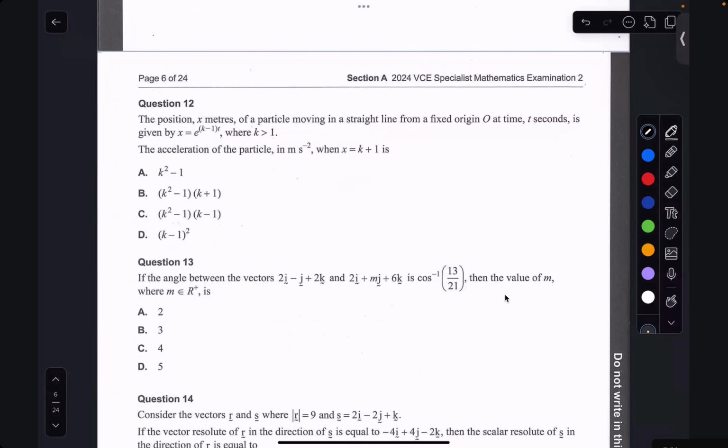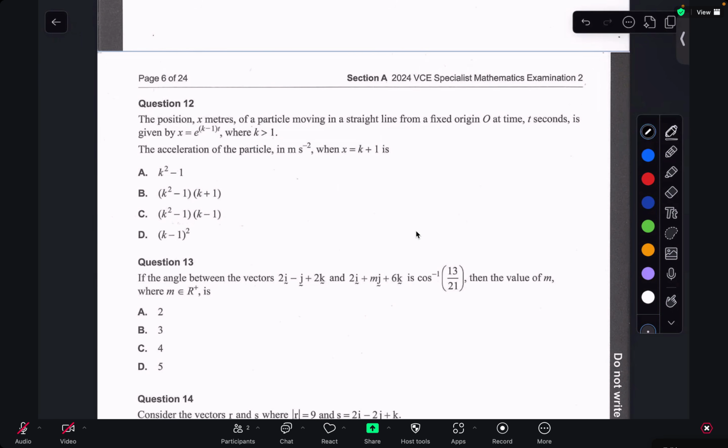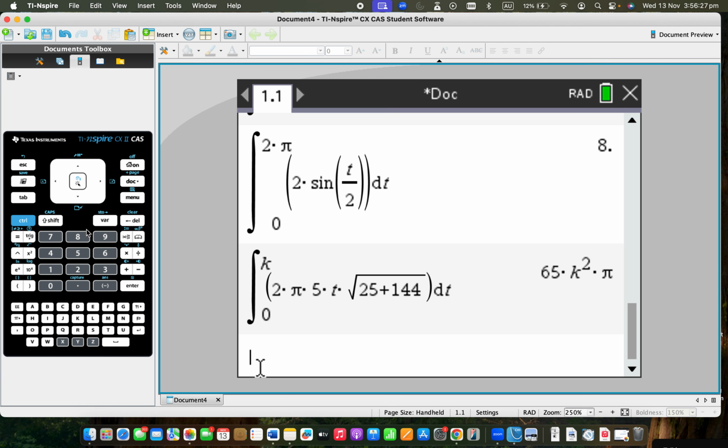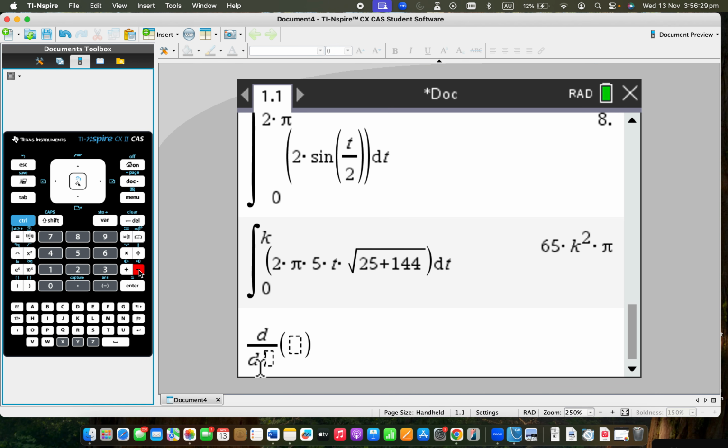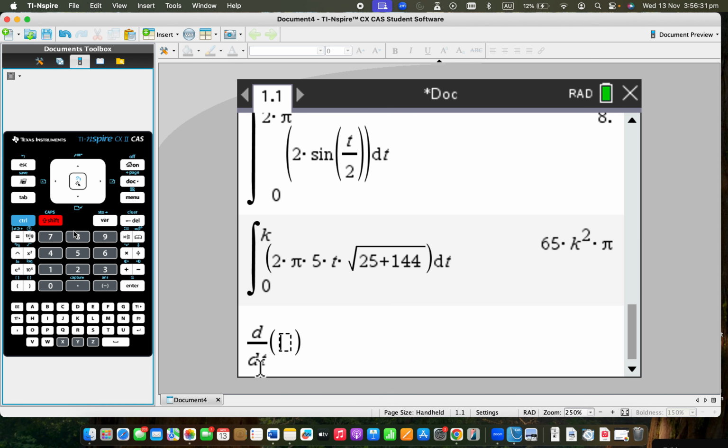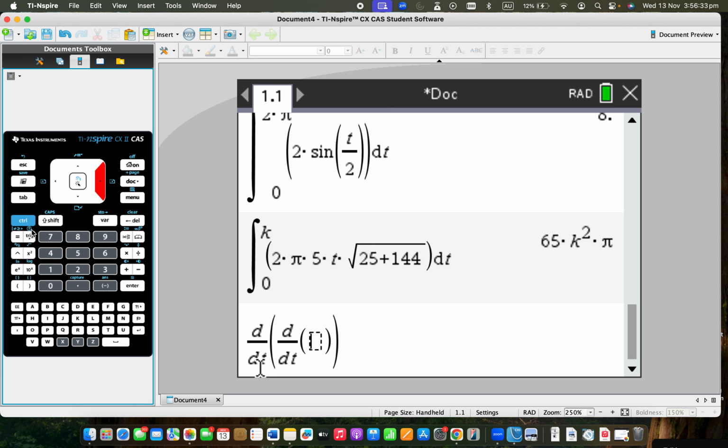The position x meters of a particle moving along in a straight line from a fixed origin is given by that. The acceleration of the particle when x is equal to k plus 1. Okay, so the acceleration is just the derivative of that twice. So derivative with respect to t of e to the power of k minus 1 times t.